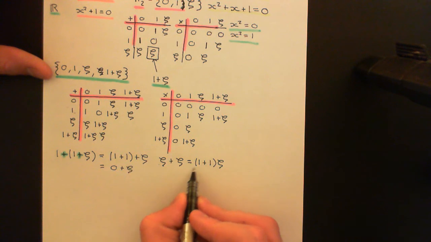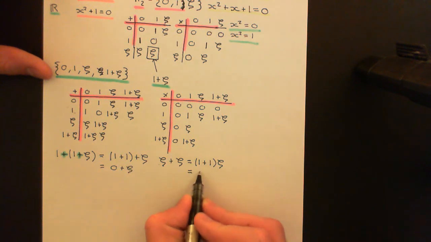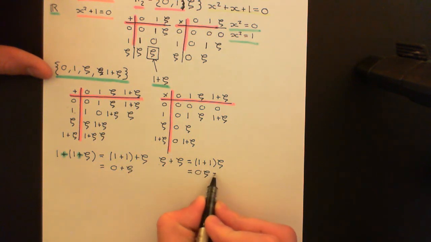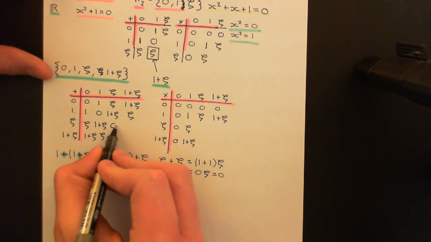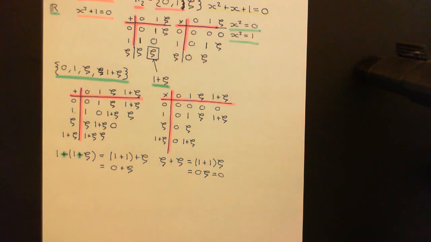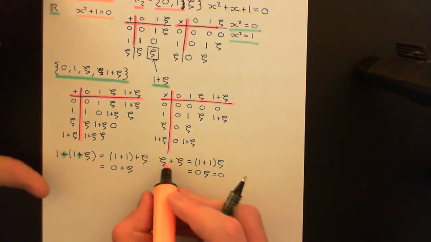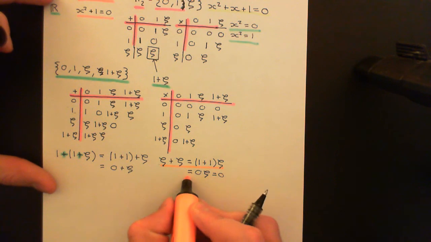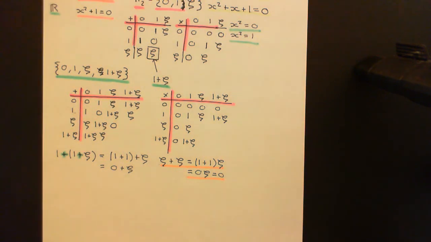But of course 1 plus 1 is 0, and 0 times zeta is 0, so the answer here is going to be 0. So zeta plus zeta has to equal 0. Again, we're just using the axioms we want it to obey and then working it out from that. If that isn't true, then it doesn't stand a chance of being a ring. So this one's set as well if we want it to be a ring.